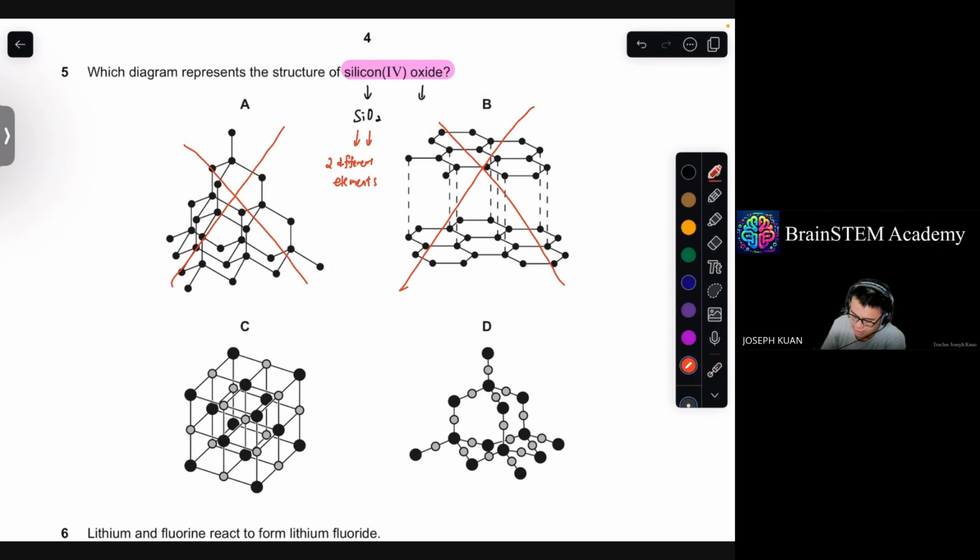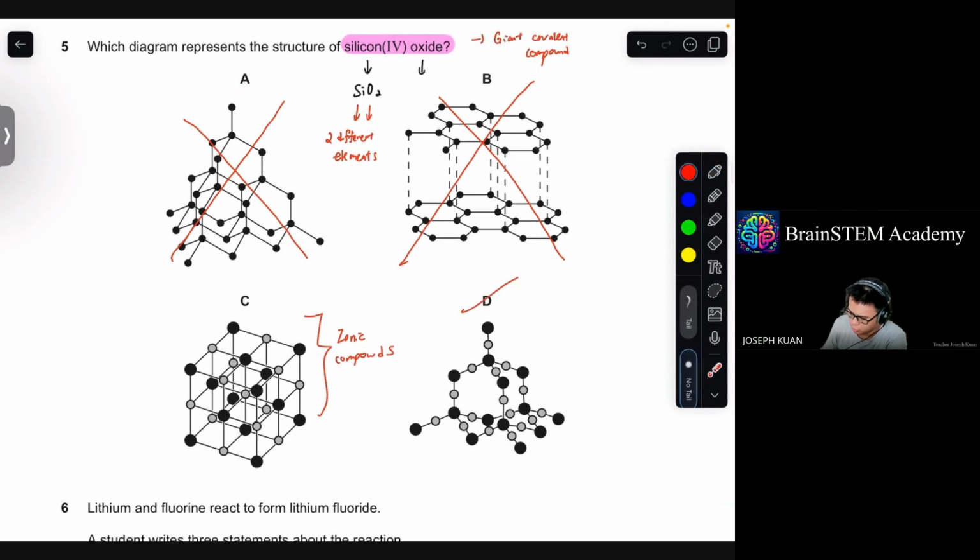Second clue, not exactly a clue, but your understanding of silicon(IV) oxide, is that it is a giant covalent compound. So C is actually a structure for ionic compounds, not for covalent compounds. So D is the answer. In fact, you see there are 2 different elements.